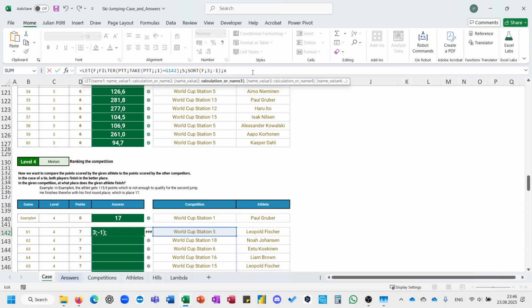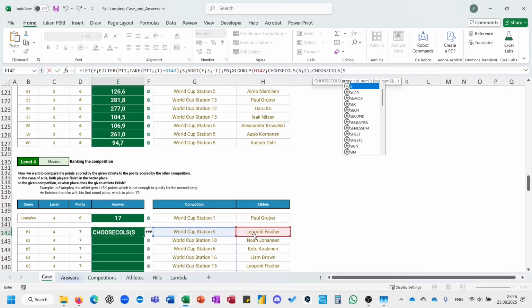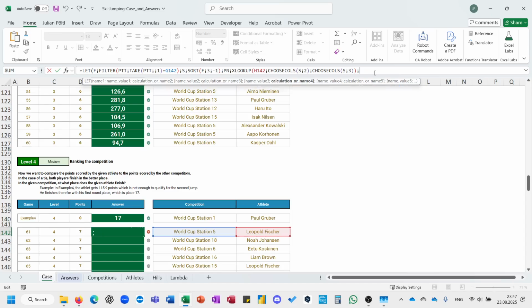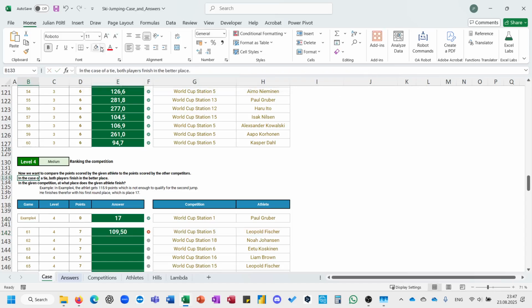Now we need to find out for each name how many points the person got. So XLOOKUP for this in choose cols S2 returning choose cols S3, and Leopold got 109.5 points because there is a rule for ties.